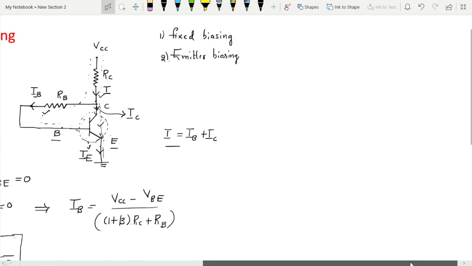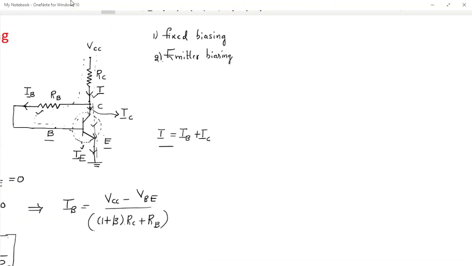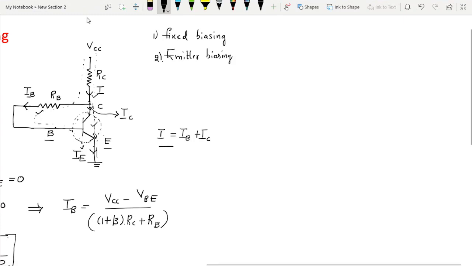I am writing the loop equation here. This is the VCC, the drop across this and the drop across this point. So from that I can write directly: VCC minus the drop across this point, which is nothing but I into RC, minus the drop across the output VC, equal to 0.